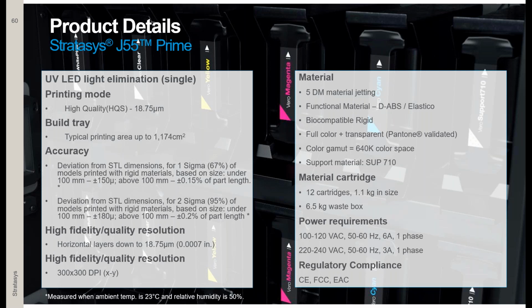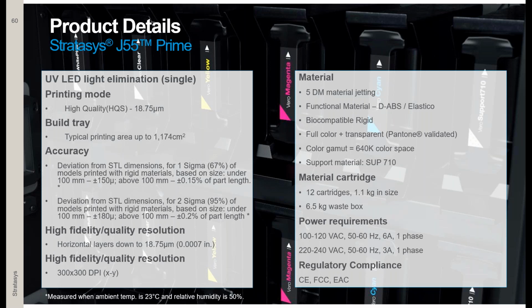And you'll have a printing area of up to 1174 square centimeters that could be addressed on the rotary bed. More importantly, when we talk about high precision and achieving very tight dimensional tolerances, 100 to 150 micron dimensional tolerances are achieved.